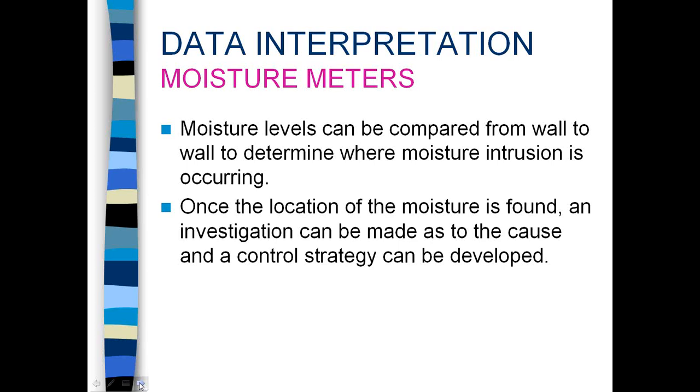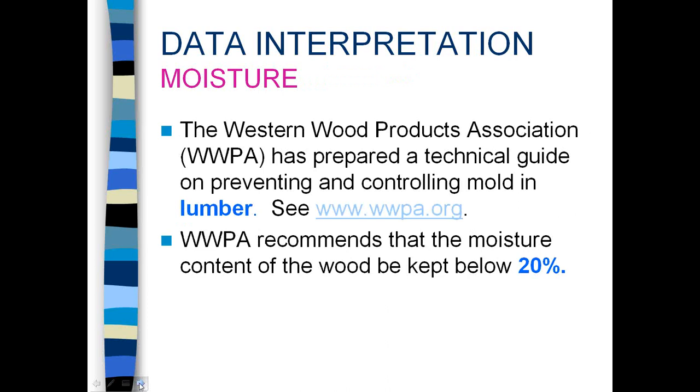In regards to data interpretation, moisture levels can be compared from wall to wall to figure out where moisture intrusion is occurring. Once you find the source of the moisture, an investigation can be made as to the cause and a control strategy can be developed. The Western Wood Products Association also gives some guidance to aid in data interpretation.